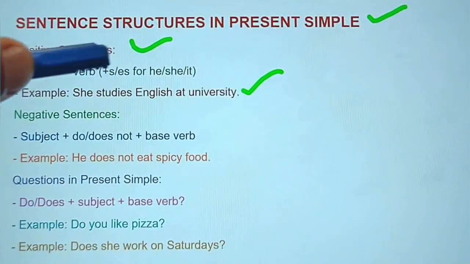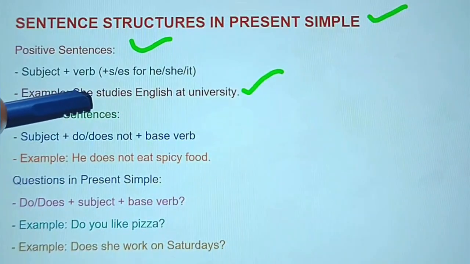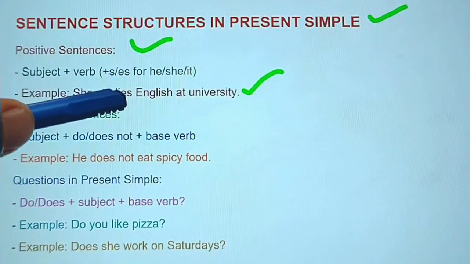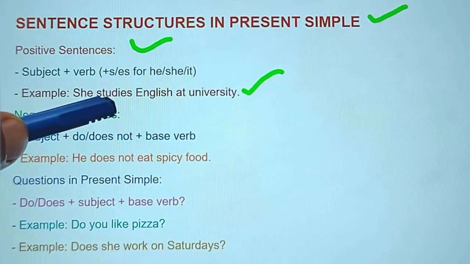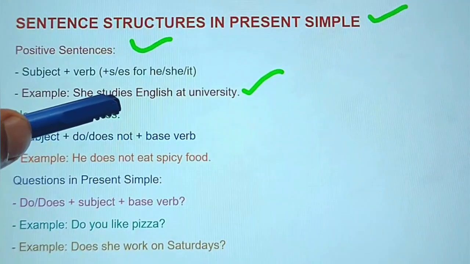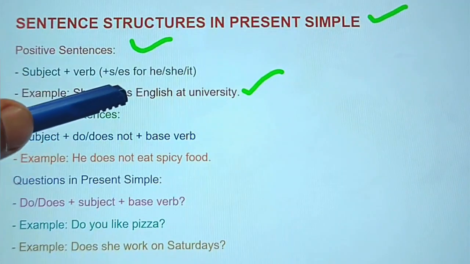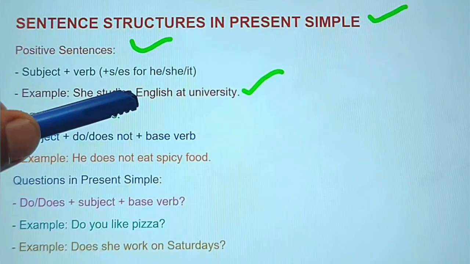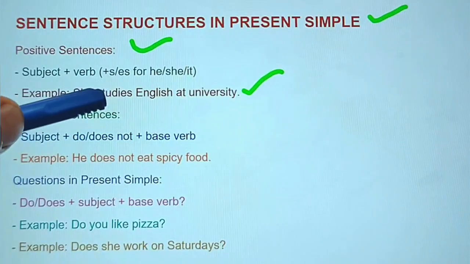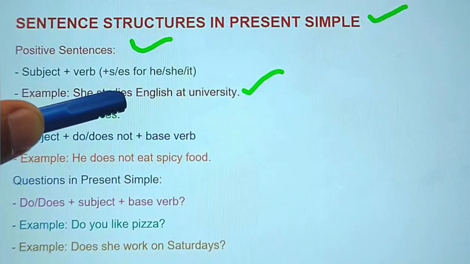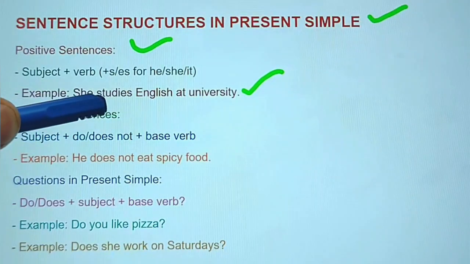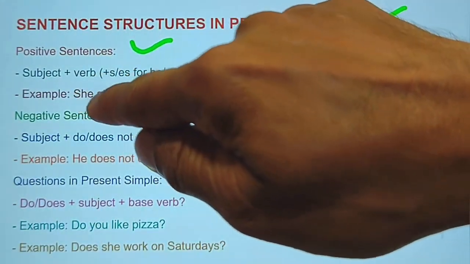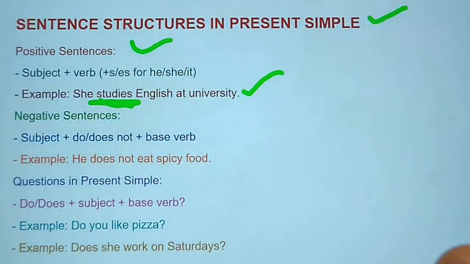So she here, and we add es to the base form, but in this case study ends with the letter y, and when we add es in this case we change y to i and then add es. That time the full form here now is studies. She studies English at university. The verb is changed to studies.